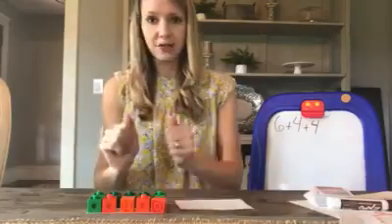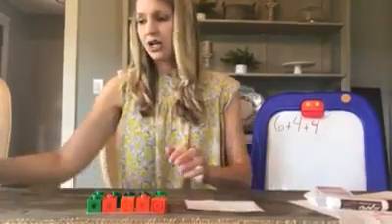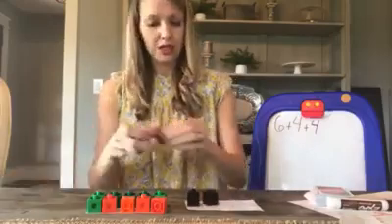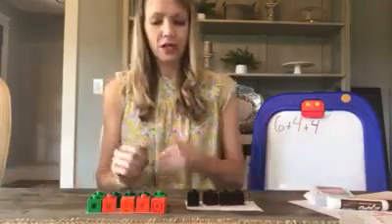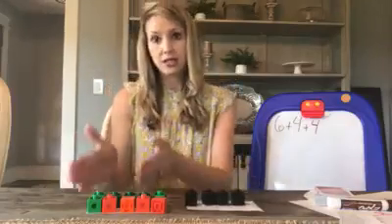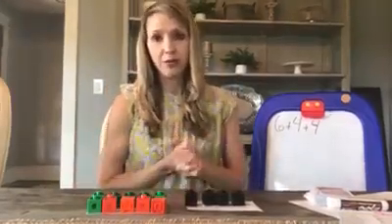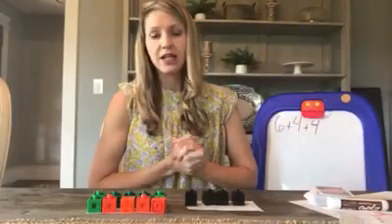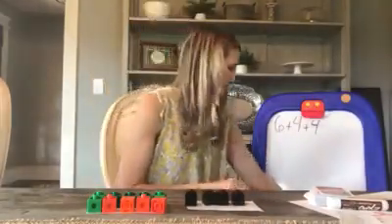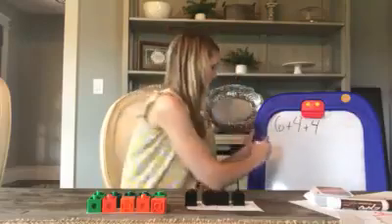Now that tens frame is full, so I'm going to move over here for my last 4. 1, 2, 3, 4. So my tens frame is full, and then I have 4 more. So 10 and 4 would be how many seashells? That would be 14.